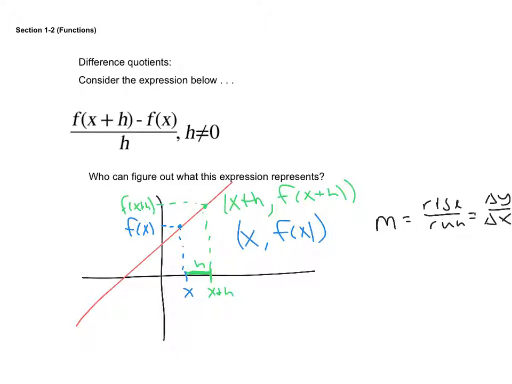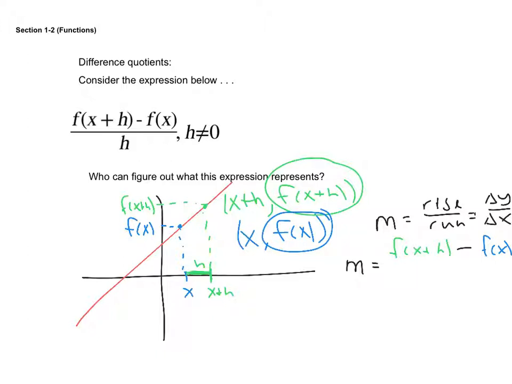It is simply this one right here minus this one right here. That's my change in y. So let's write that. m equals f of x plus h minus f of x, and that's my change in y.